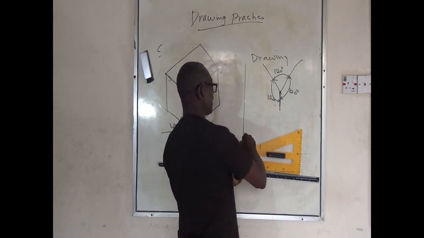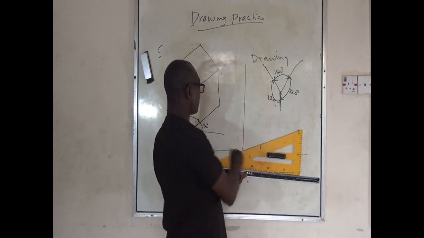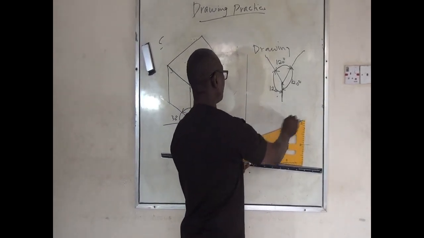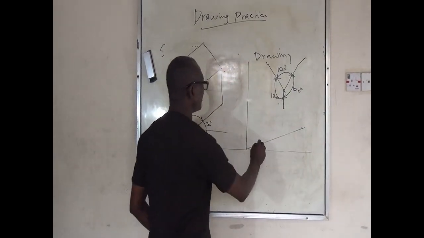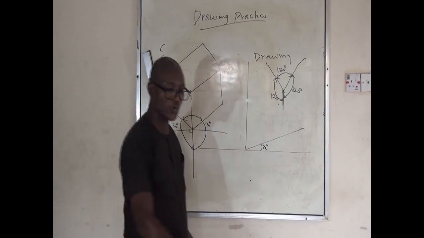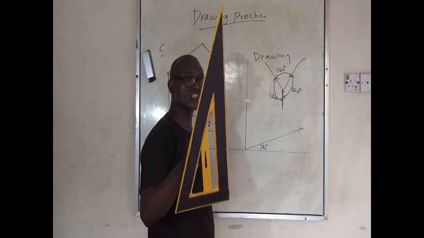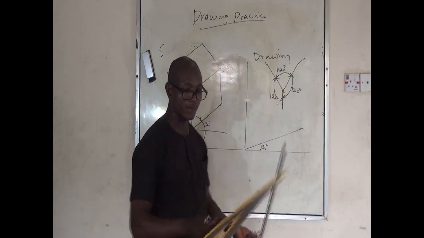By the time you place it here, your T-square must be parallel with the horizontal line, and then you draw the inclined line. That inclined line is giving you the 30 degree here. That is why we use this 30/60 degree set square alongside with your T-square.